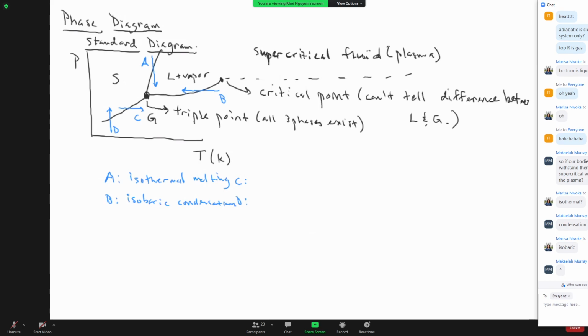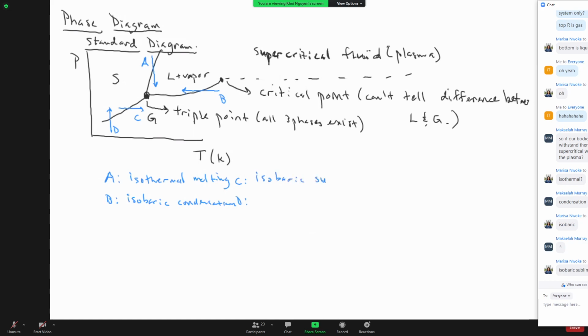What about C? Iso what? You're going from solid to gas. Good. Isobaric sublimation.